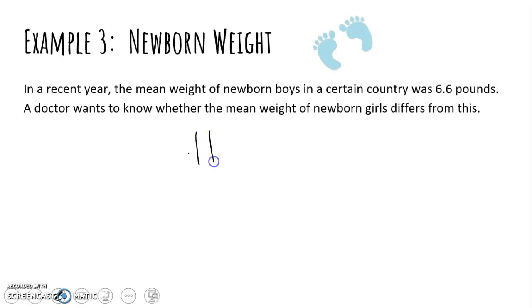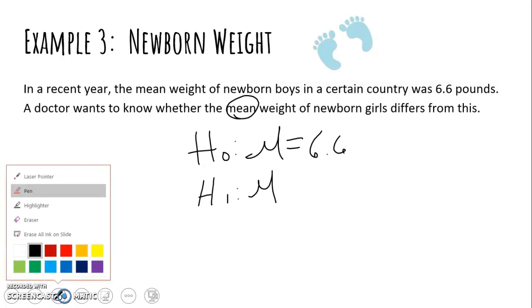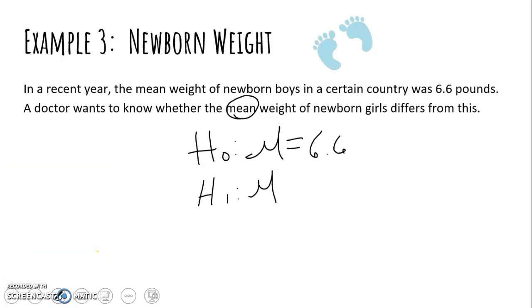Okay, so here's the null. We are again talking about a mean, so we're going to use mu. The null is always an equality statement. So what do we assume is true? We assume that the mean weight is 6.6. That's what we're assuming is true. So for the alternate, it has to contradict it. It can't be equal. Now, do they imply that it's less than or greater than? They imply that it's just different.